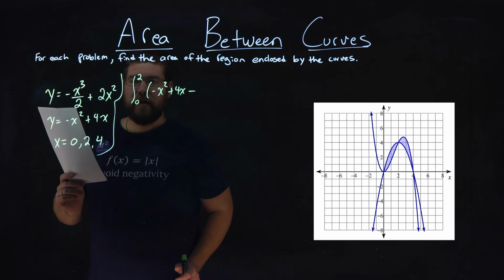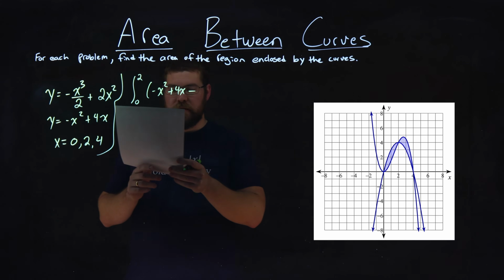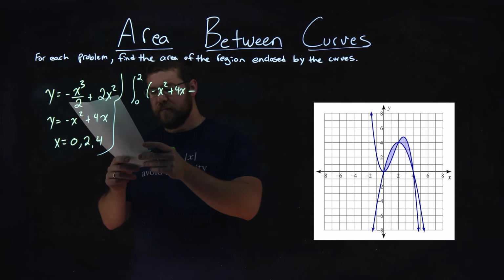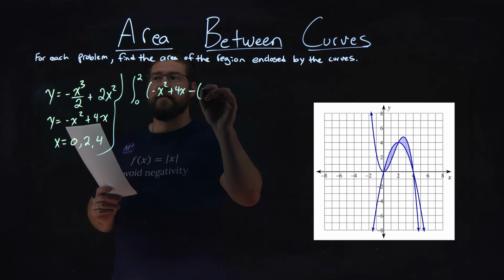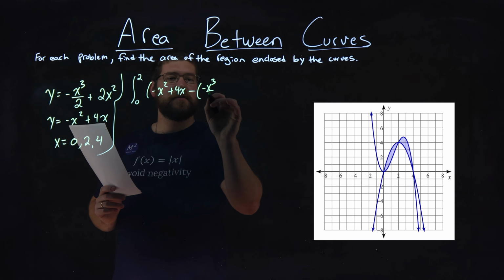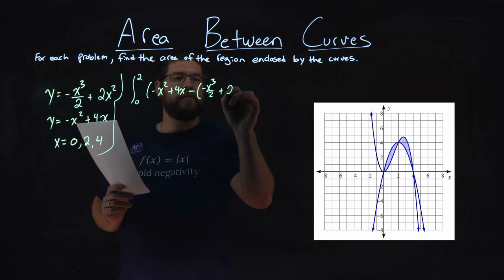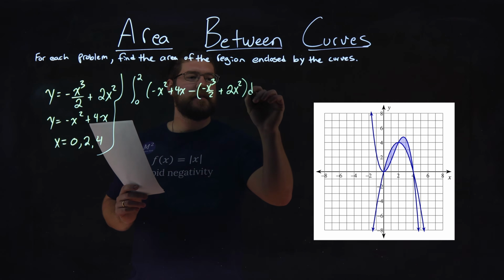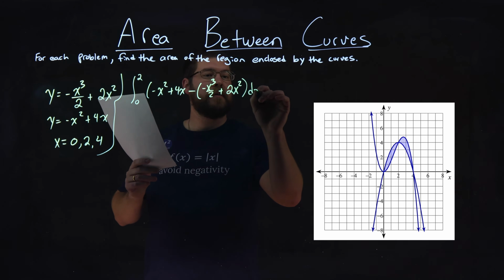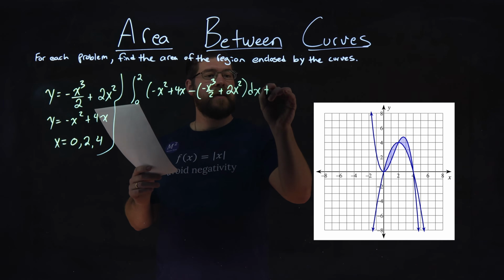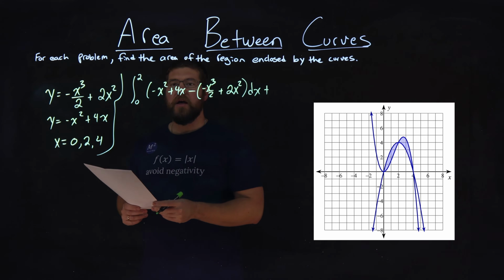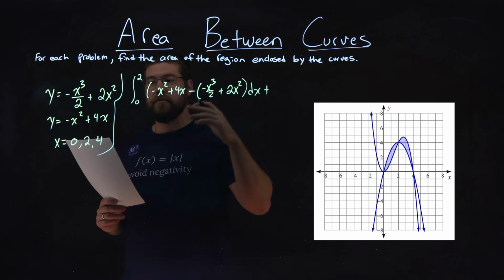We're going to subtract the other equation, the one that's on the bottom here: -x to the third over 2 plus 2x squared, dx. Then we want to add the second integral to it, from 2 to 4.